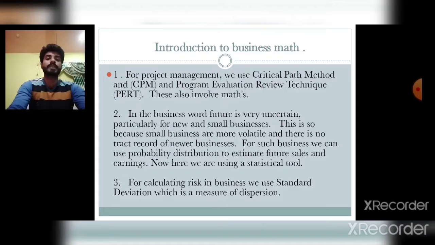This is so because small businesses are more volatile, and there is no tracked record of newer businesses. For such businesses, we can use probability distribution to estimate future sales and earnings. Here we are using a statistical tool.